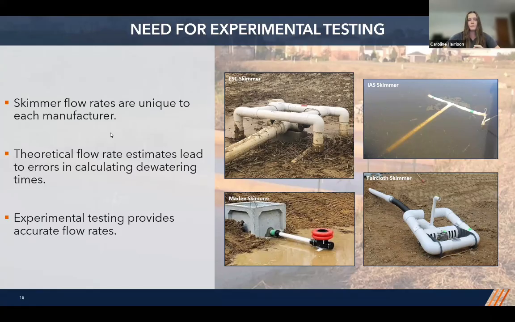In addition, theoretical or calculated flow rates can also lead to errors in estimating dewatering times. So there's a need to have accurate flow rates for our skimmers, which can only be determined through experimental testing. Accurate flow rates improve selection guidance and ultimately increase our sediment basin efficiency on those construction sites.